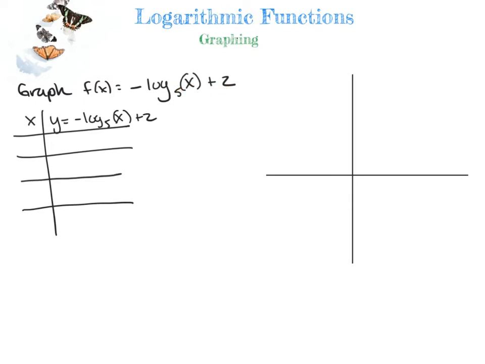Okay, I'm going to very carefully pick some x values here. Since we have log base 5s, I'm going to pick things with a base of 5. So always safe to pick 1. Let's pick 5 and 25, and then let's pick 1/5.